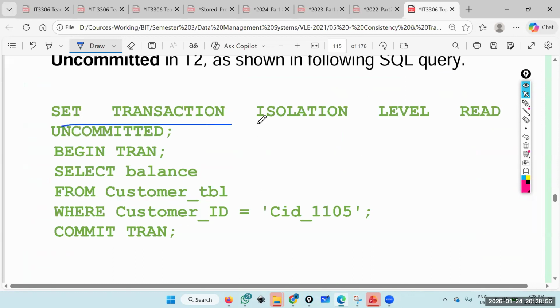So set the transaction isolation level, begin your transaction, commit your transaction. There's no rule that just because you commit, it will definitely commit. But you want to commit, but in reality it may turn into a rollback. Anyway, this is not a very good example because this is just a select statement, right?